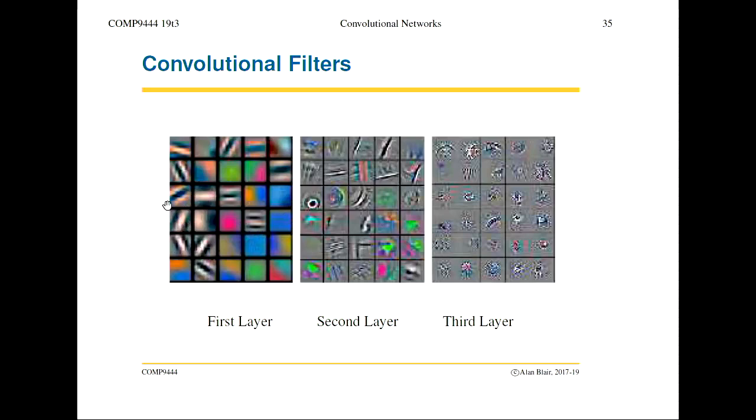They detect a white line at a particular angle with dark on both sides. Some of them detect certain patterns of colors, so this would detect a region where the top part is more orange and the bottom part is more blue. Those are examples of some of the filters. There are 96 filters altogether, and just some of them are shown here.